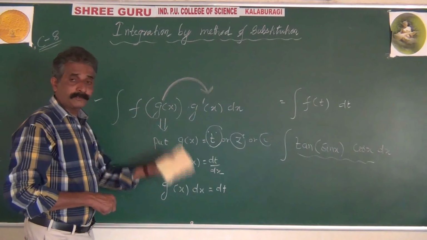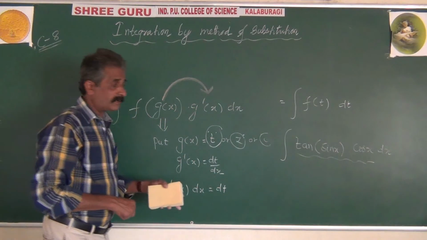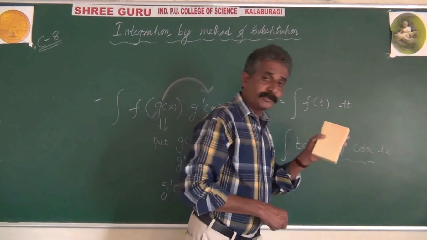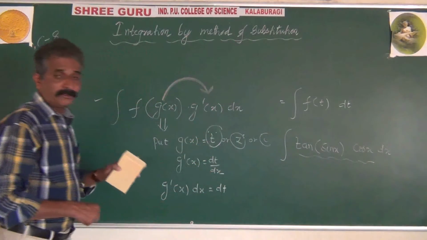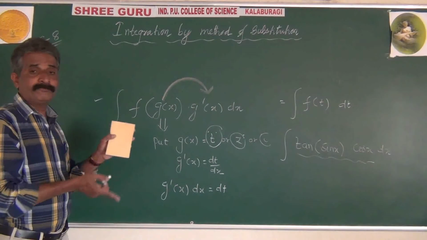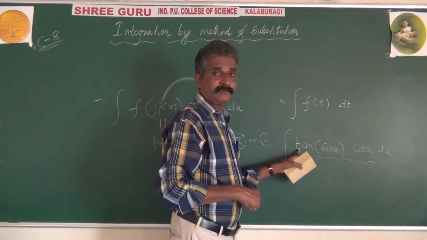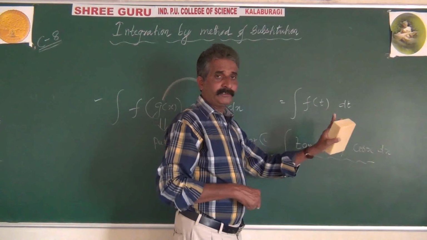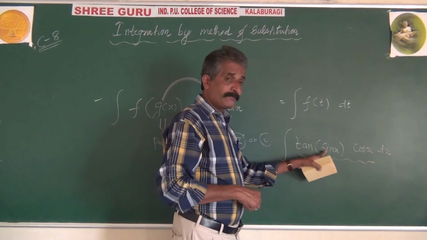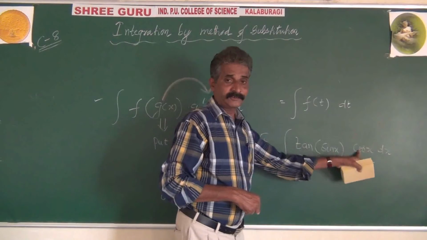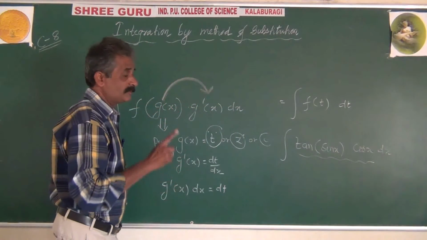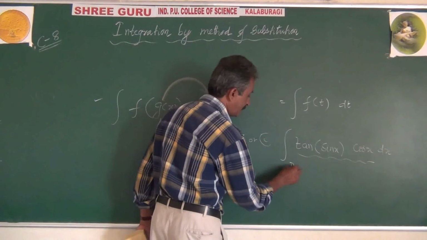But after using the substitution method, we can get the answer of integration. Your substitution must be proper. There should be a connection of a function and its derivative. What's the differentiation of tan? Secant square. That is not available. But what's the differentiation of sin x? Cos x. Yes, there is a presence. So we have to put the substitution for sin x.